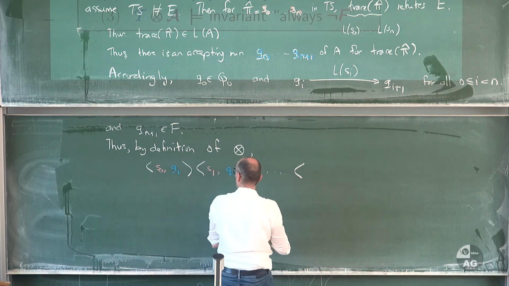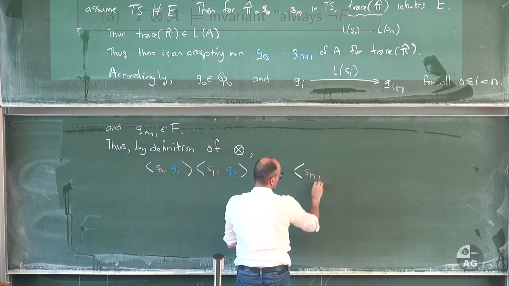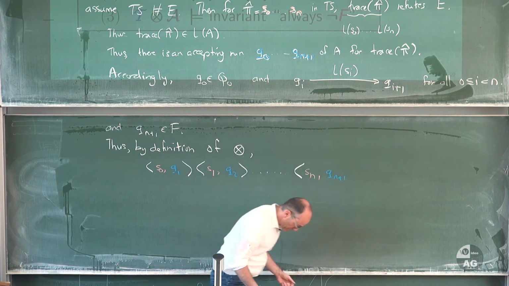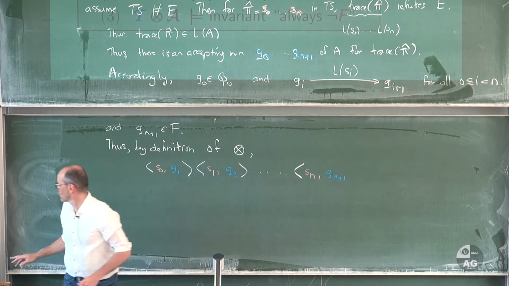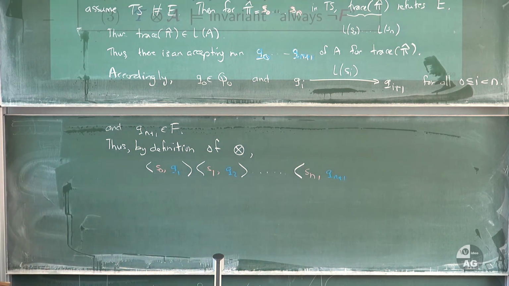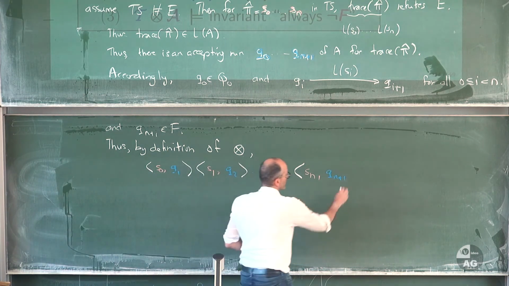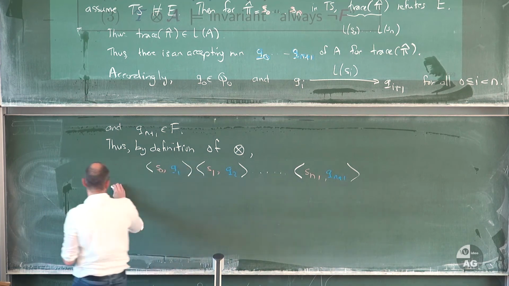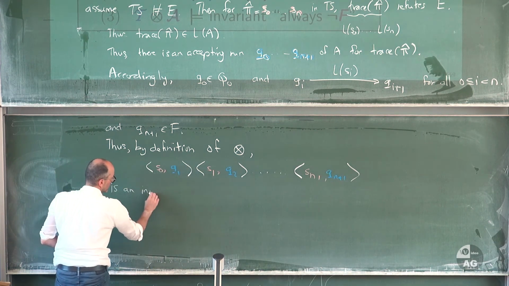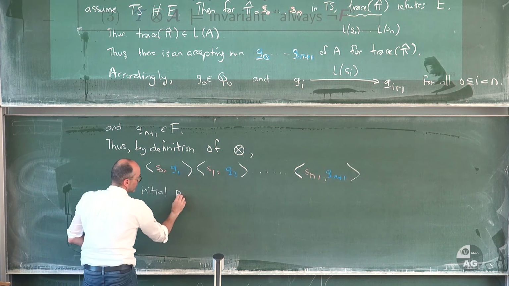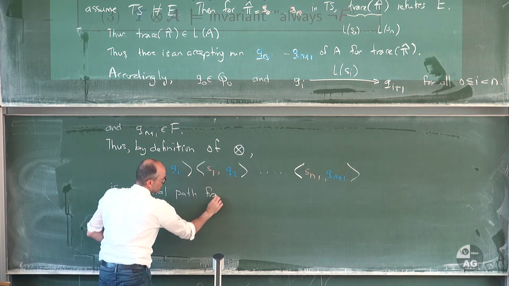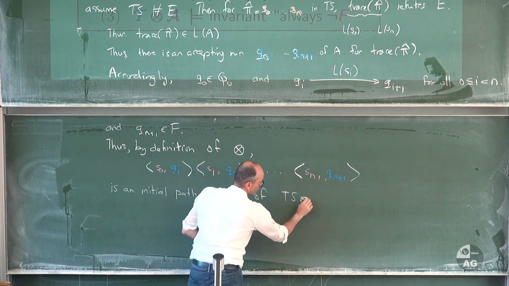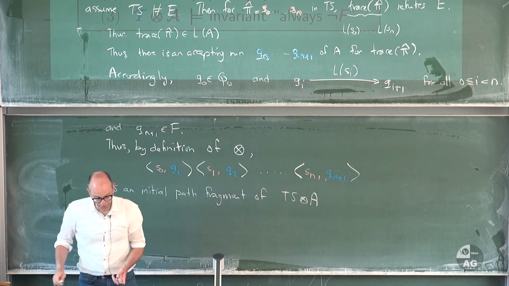And now we get to Sn, I guess, to Qn+1. And this is an initial path fragment of this transition system TS with A.